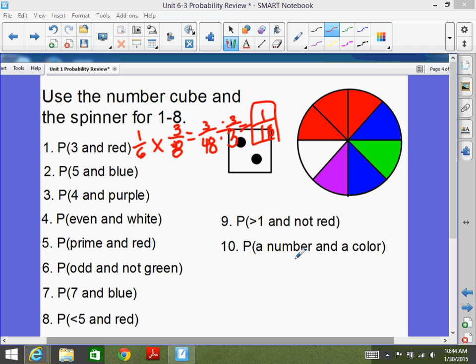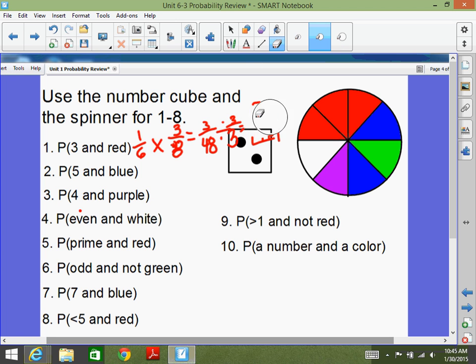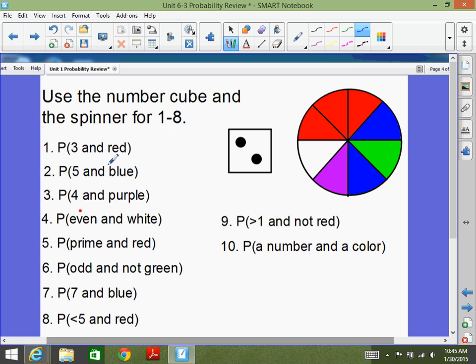Okay, let's start with number 2. The probability of 5 and blue. What's the probability of rolling a 5? 1 out of 6. And blue? 2 out of 8, which gives us 2 out of 48, which is 1 over 24.